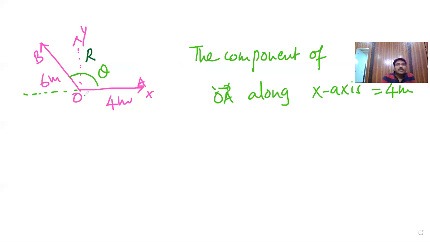Now observe here. If this is theta, this becomes 180 minus theta. OB vector with the negative x-axis is making 180 minus theta.